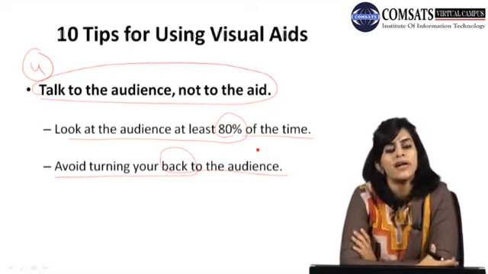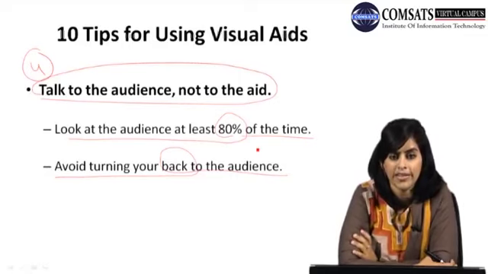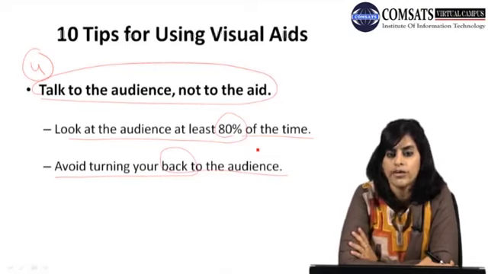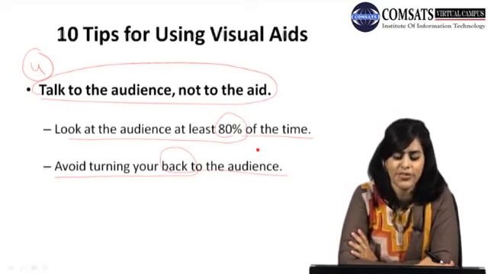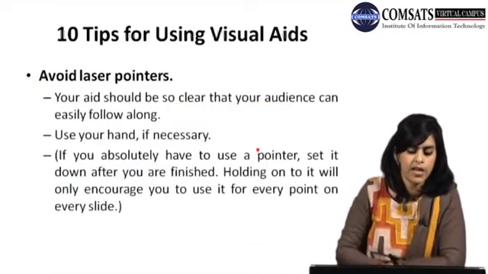Yes, because you should have the maximum of eye contact with the audiences. You are supposed to look at your slides very little. Another thumb rule that I have shared with you already: if you want to read from the slides, make sure that you have any multimedia available right in front of you. So this is how you can talk to the audiences, not to the visual aid that you are displaying in front of them.